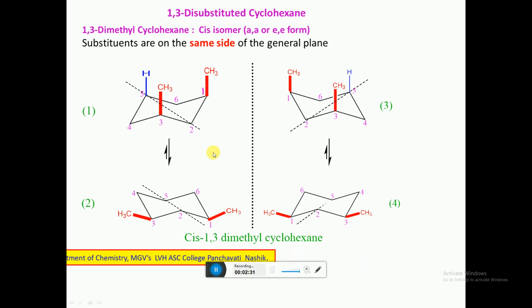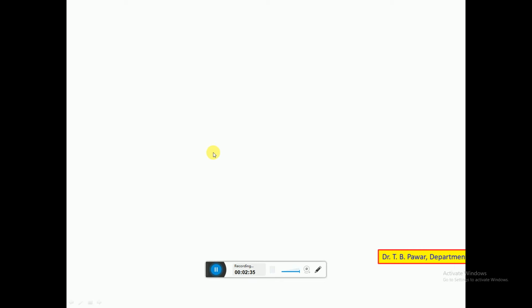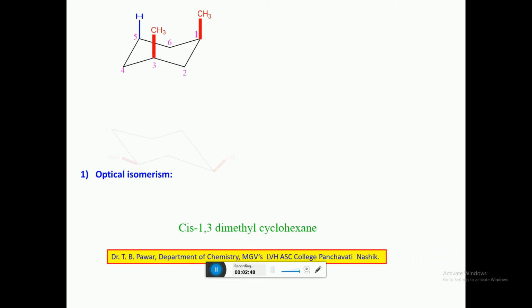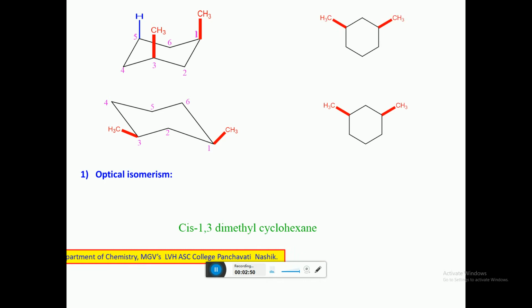Now we can explain this cis isomer by using two major points, optical isomerism and relative stability. First, optical isomerism. So the cis 1,3 dimethyl cyclohexane, here suppose we draw the 4 different structures, axial, equatorial.